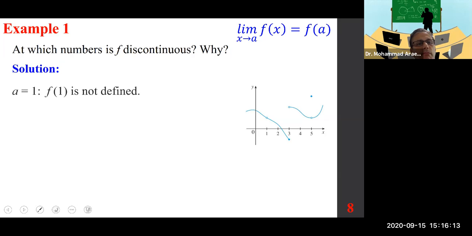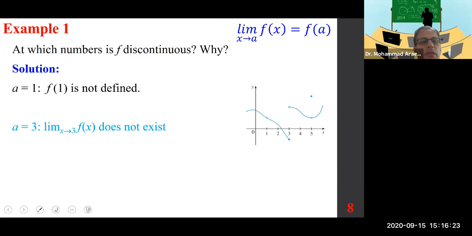So at a equals 1, or x equals 1, f of 1 is not defined. In the case of x equals 3, the limit doesn't exist, because the limits from the left and right are two different values. At a equals 5, we have a problem.